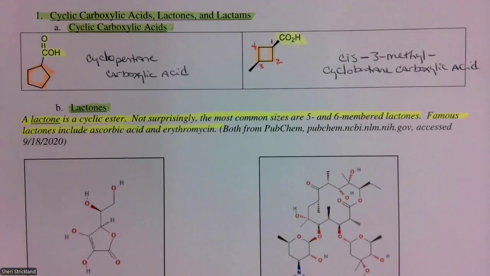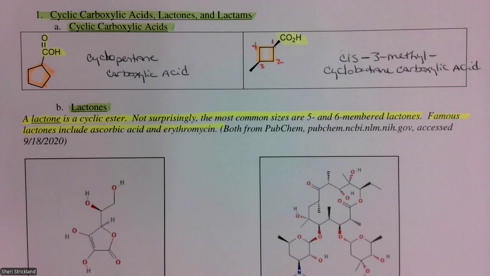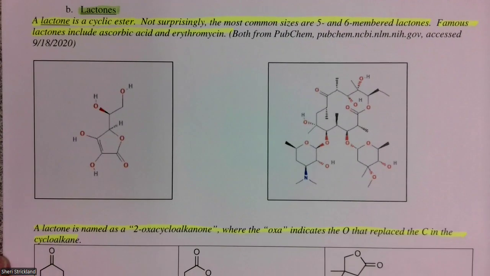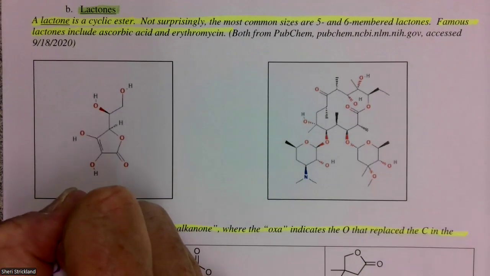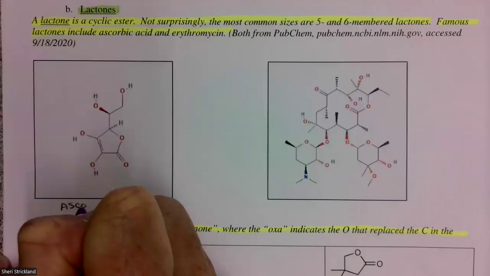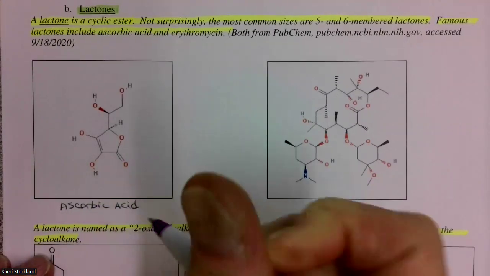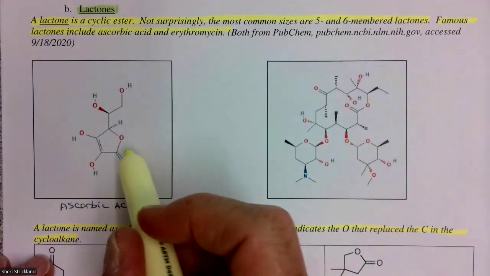Okay. All right, so cyclic esters and cyclic amides very often have the functional group as part of the ring. And the most famous ones are ascorbic acid and erythromycin. And so over here is ascorbic acid. You know, that's just vitamin C. And let's find out what we've got here.